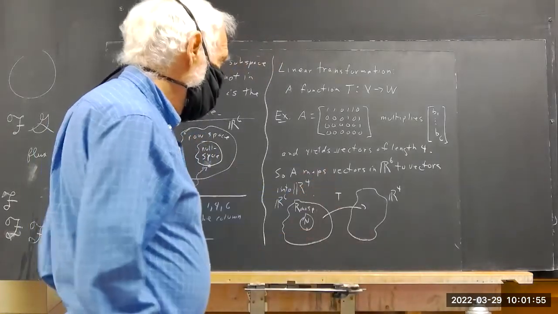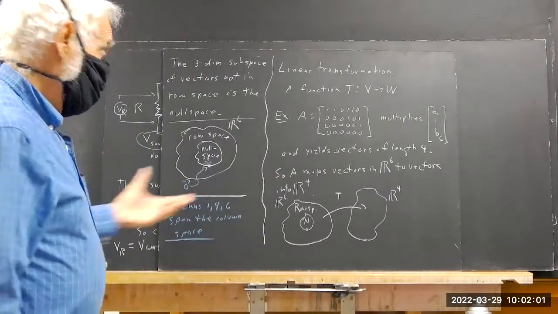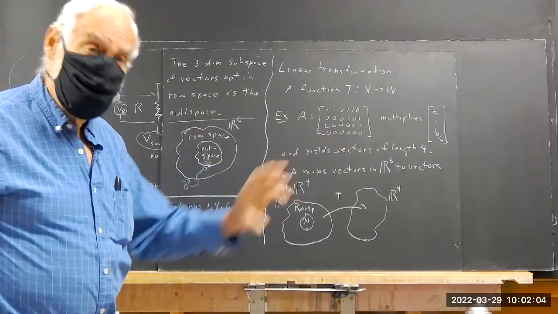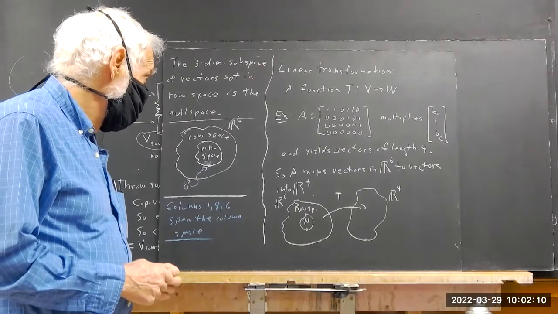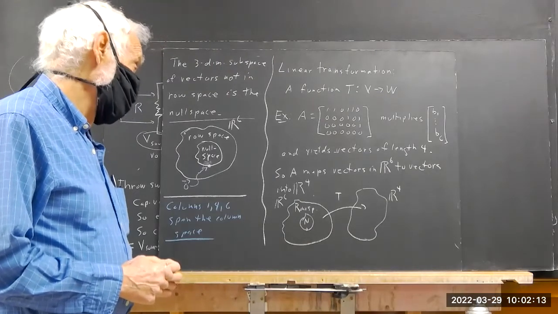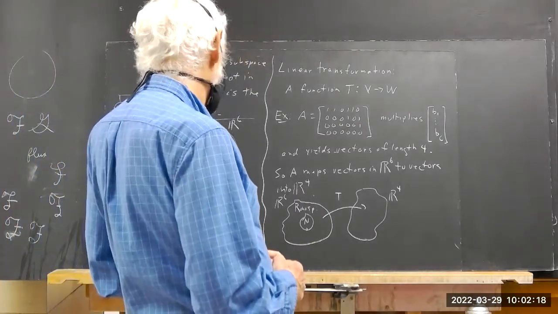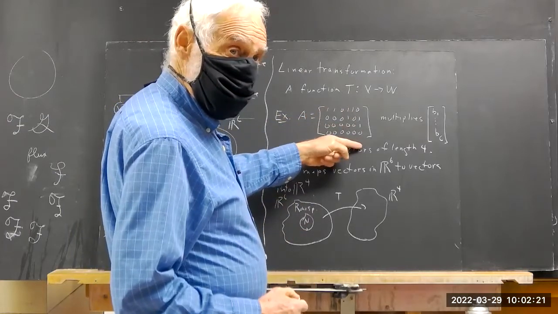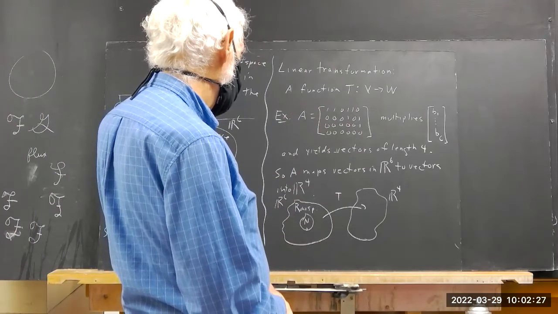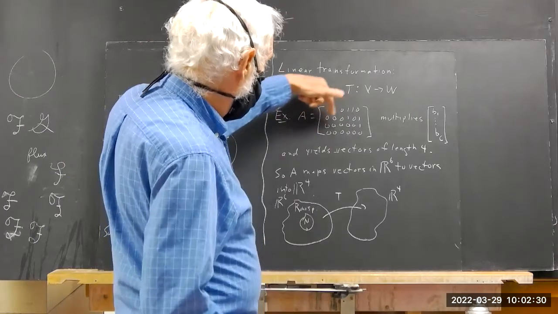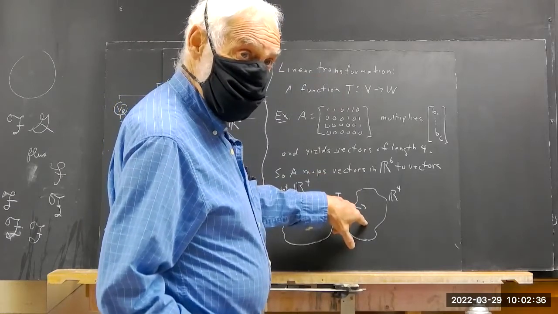Okay, now when you go into R4, it doesn't map to all of R4 because, as we just saw, it maps only to a 3-dimensional subspace. Okay. And let's make sure we understand that. Every column here appears over here.